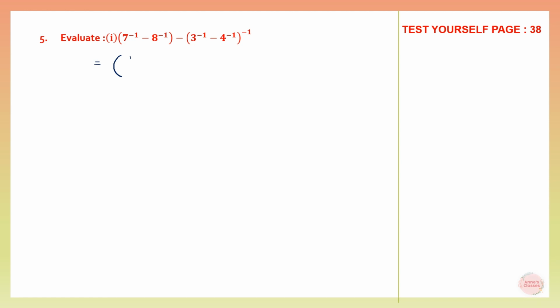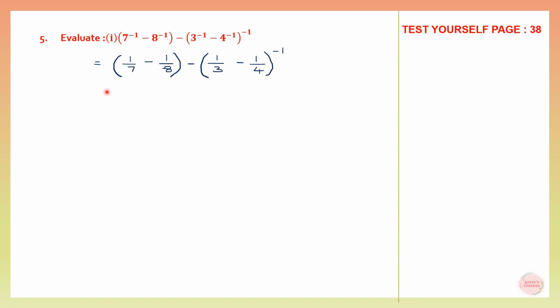So 7 becomes 1 by 7 raised to the power of 1, which is 7 itself, minus 8 raised to the power of minus 1, write the reciprocal, 1 by 8 to the power of 1, which is again the same thing, so I'm not writing that 1, minus, here let's write 3 raised to the power of minus 1 is 1 by 3, minus 4 raised to the power of minus 1 is 1 by 4. And this whole thing is raised to the power of minus 1.